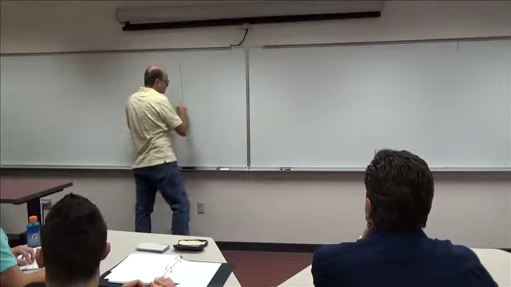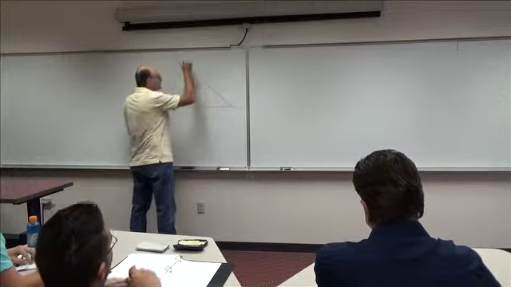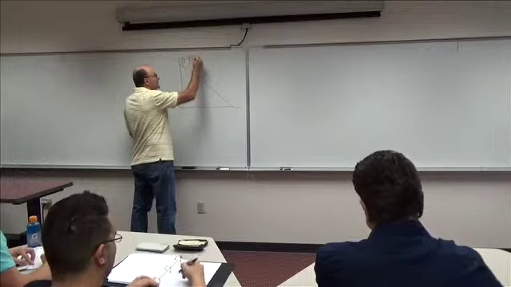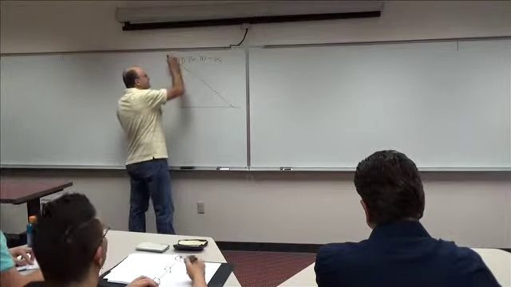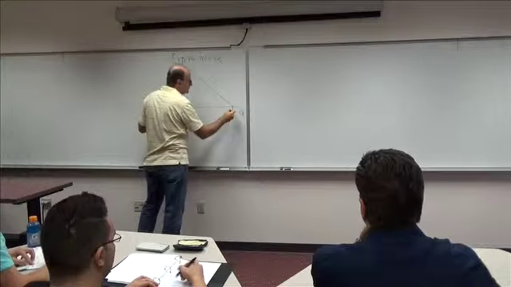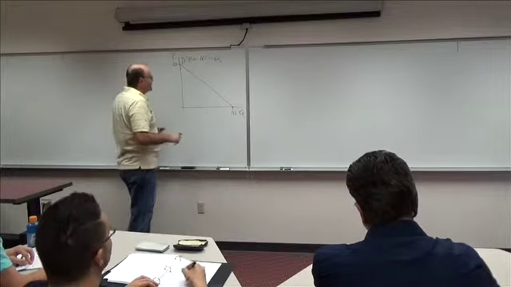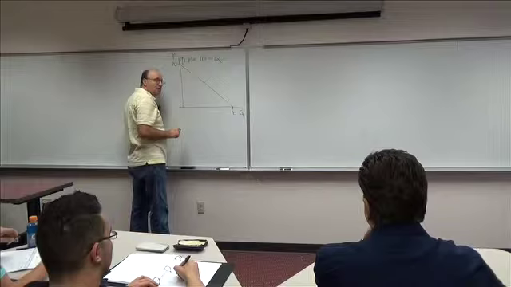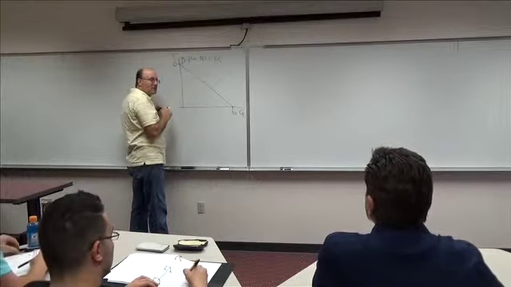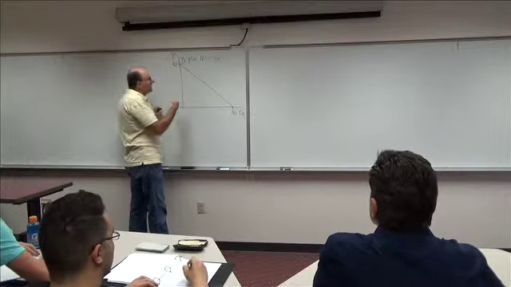So, let's use our good old workhorse demand defined by P equals 10 minus Q. Now let's consider elasticity along this demand curve, corresponding to a segment of a demand curve defined by two pairs of prices and quantities.